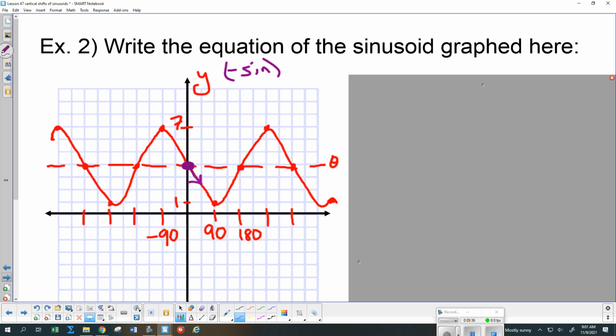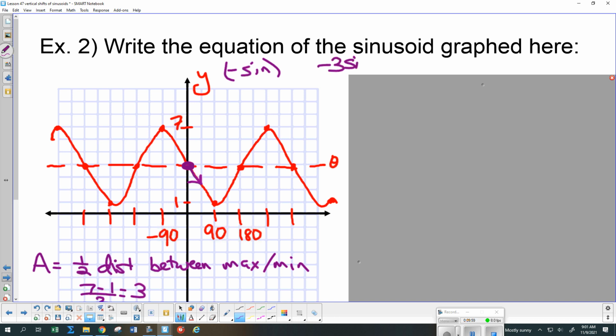So I could say that the amplitude is half of the distance between the max and min. So I could take the 7 minus 1 and divide that by 2 and get that my amplitude is 3. So I know this has to be a minus 3 sine theta graph.